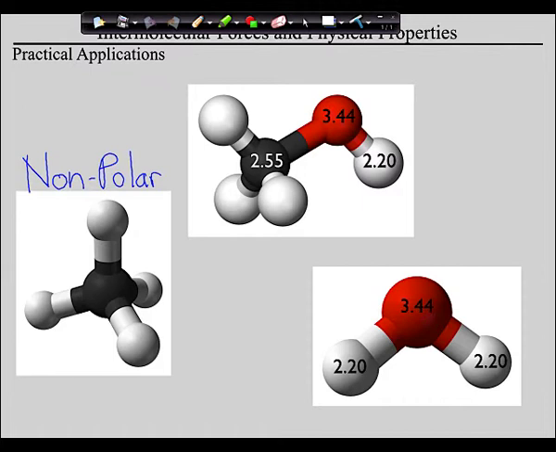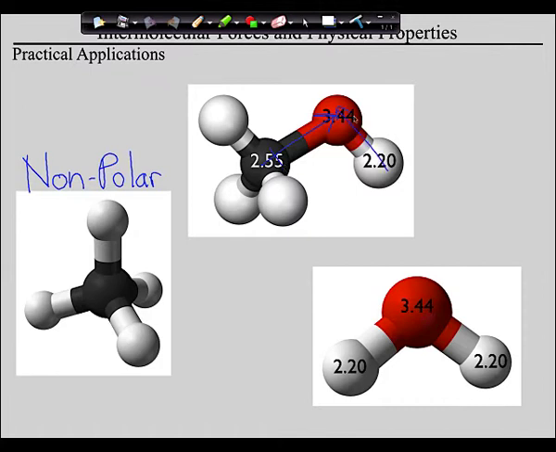But guys, now that we have the electronegativities, we can start drawing in polarity arrows. So guys, which direction is this bond going to move? Towards the oxygen or towards the carbon? Towards the oxygen. So this bond will move in that direction. Now, which direction will the bond between the oxygen and the hydrogen move?